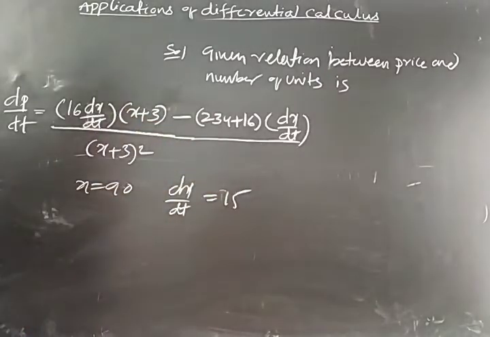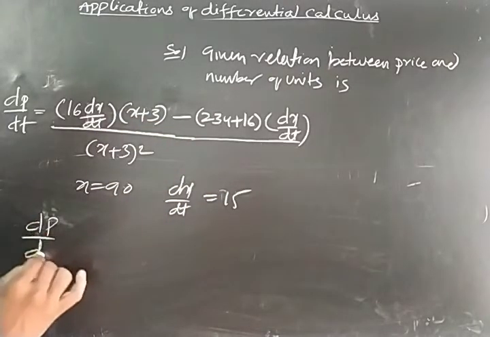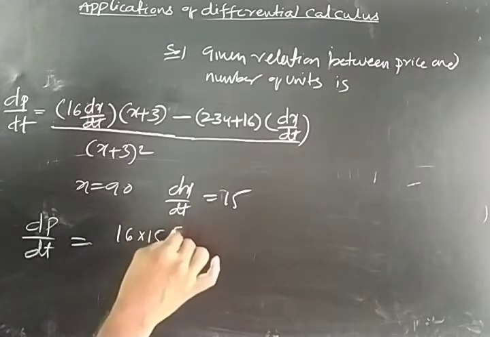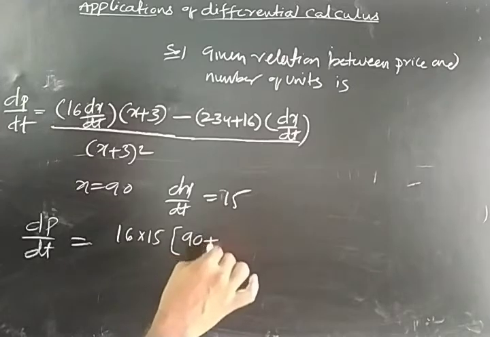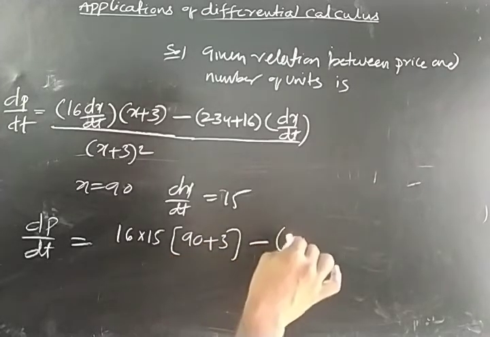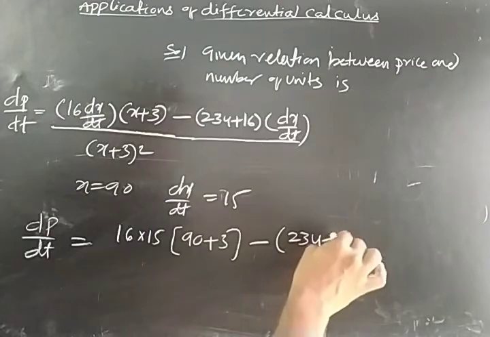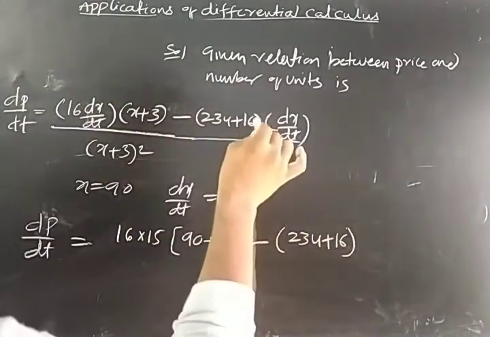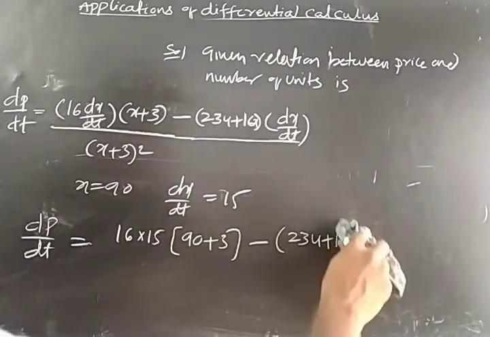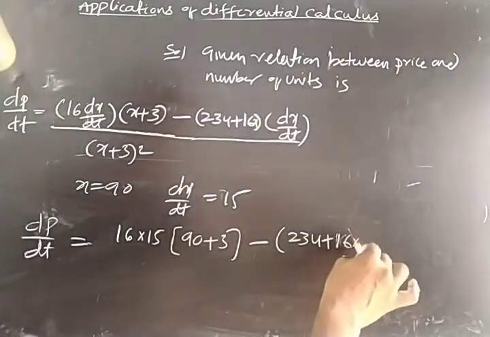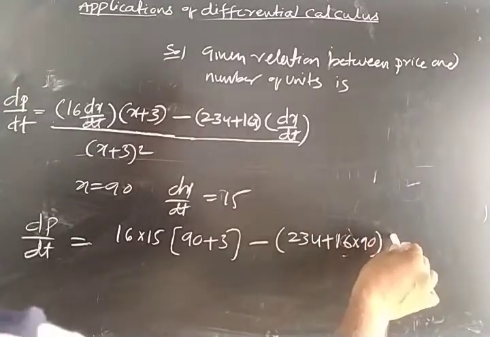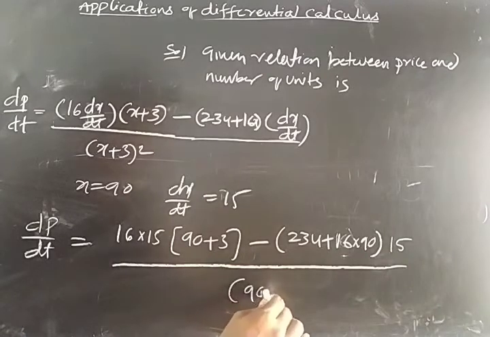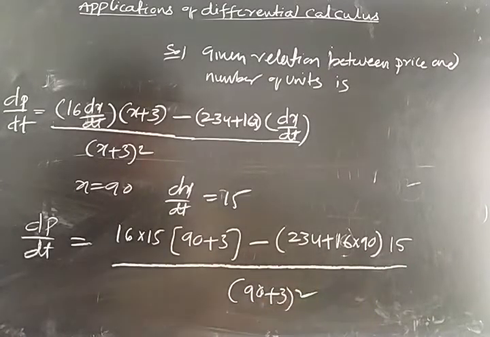So I am substituting the values here. dP by dt equal to 16 into 15, times x plus 3, 90 plus 3, minus 234 plus 16x, in place of x I am writing 90, now dx by dt value is 15, by 90 plus 3 whole square.